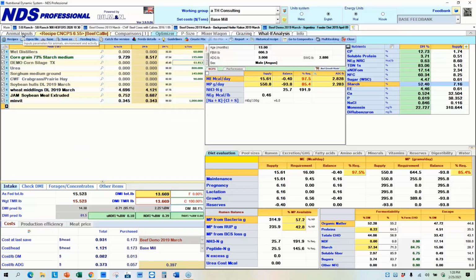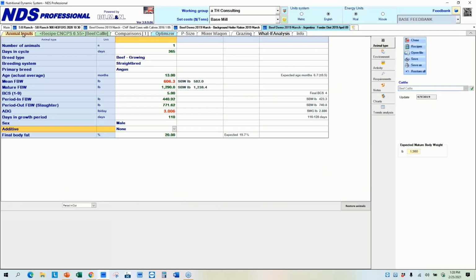Again, in the setups, one of the questions was, so if I go in here and I look at this animal, the mature body weight, for an Angus animal, a mature male, we could put in 1,900 pounds here.